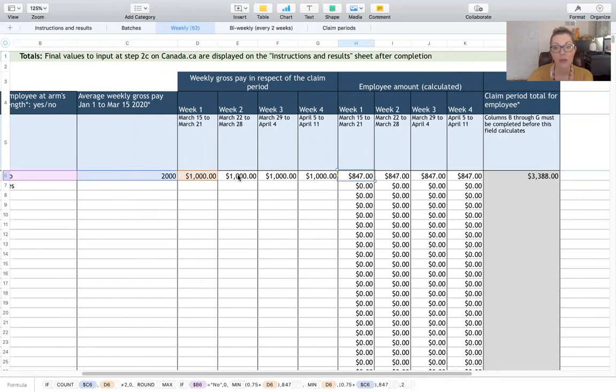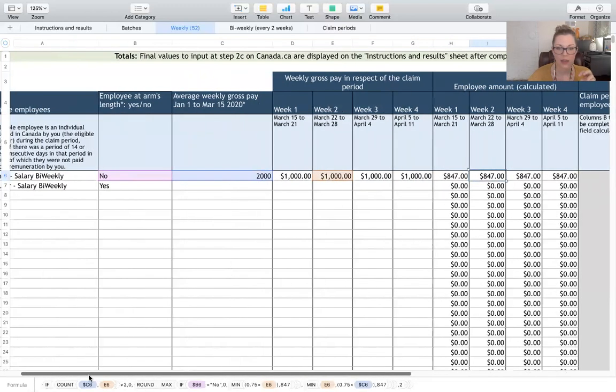Even though I'm paying myself $1,000, I'm going to get $847 as my wage subsidy because it's 75% based on my pre-crisis baseline. They call it pre-crisis remuneration, but they're also calling it baseline pay. And then I get a higher amount of subsidy.